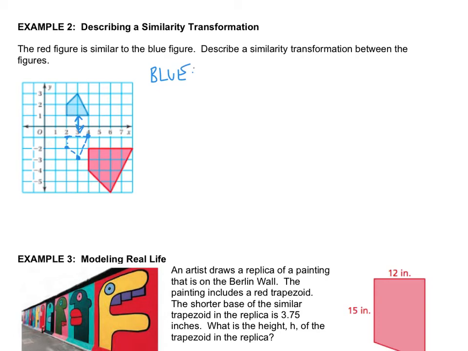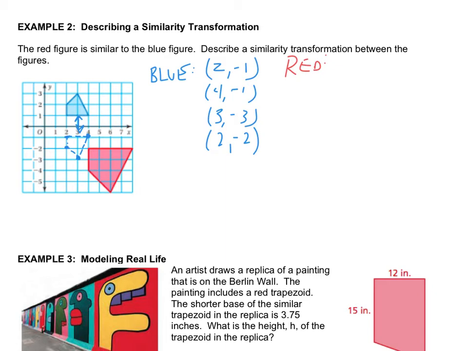Looking at the blue, the blue reflected one that we've already moved, we have these ordered pairs: (2, -1), (4, -1), down at the very bottom (3, -3), and (2, -2). Now, when I go to the red one, which is the original one, we have to keep this in mind when we start looking for a scale factor.